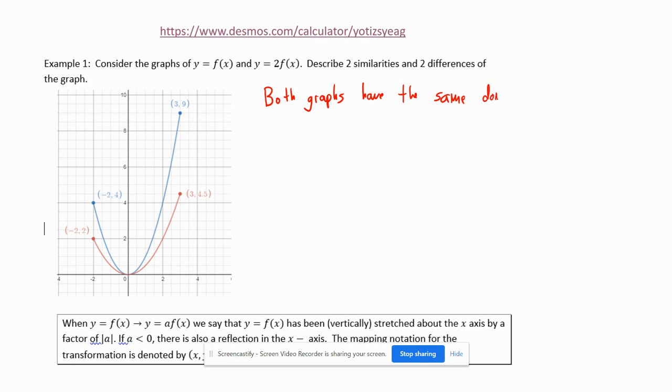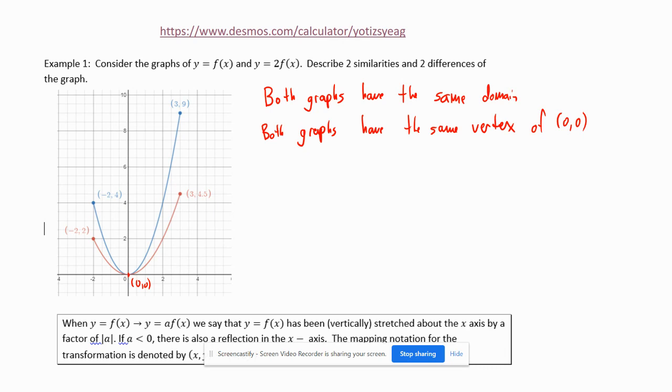Also, think at this point here, 0, 0. Well, if my y value is 0 and I multiply it by 2, it's still 0. Both graphs have the same vertex of 0, 0. So here are two similarities.